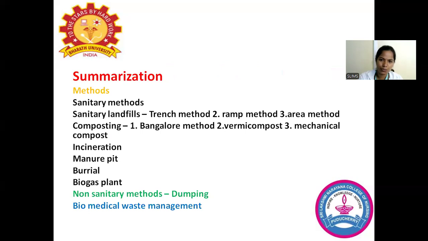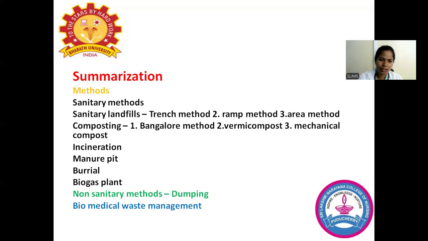So to summarize, we have seen the definition and methods. Under methods, we have sanitary methods and non-sanitary methods. In non-sanitary methods, the process of dumping comes. In sanitary methods, sanitary landfill, composting, incineration, manure pit, burial, and biogas plants are included.